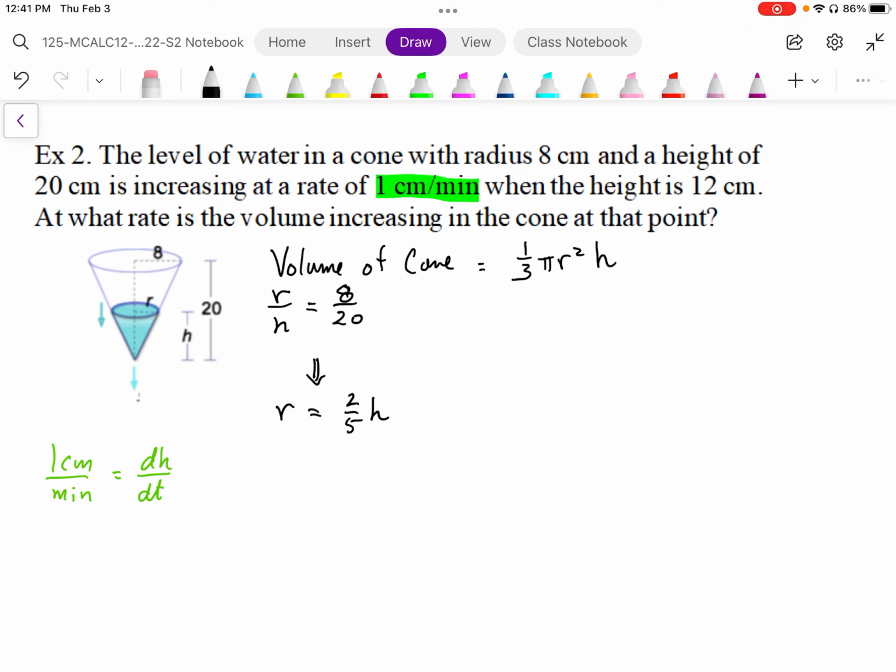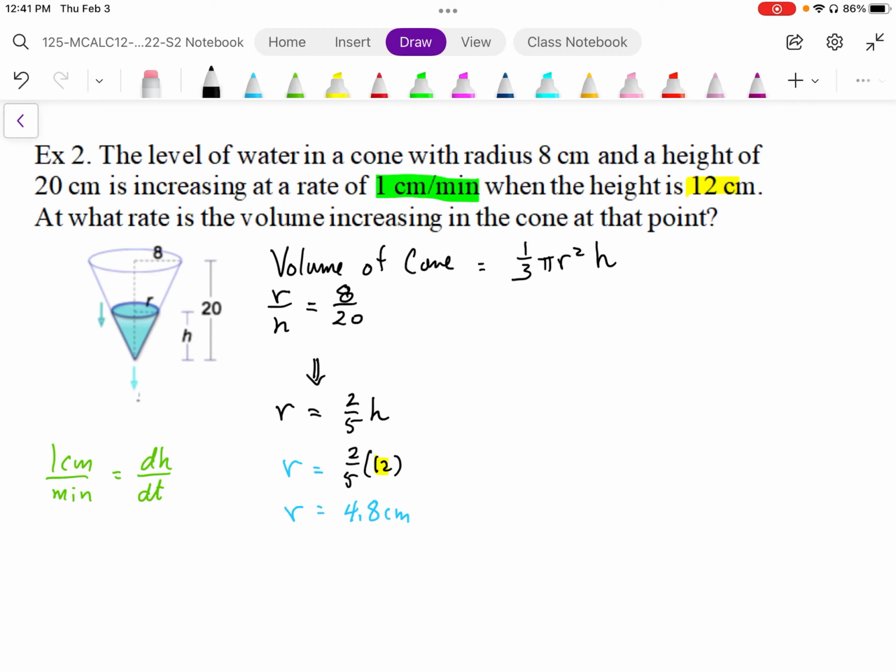In fact, at this point, maybe we will just calculate the radius based on the height of 12 centimeters. So we know when the height is 12 centimeters, which we were given, the radius must be equal to 4.8 centimeters. Okay, so we have the dimensions of the radius and height at this point.